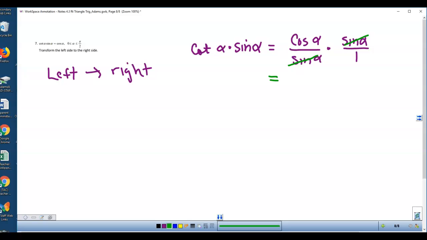So I know that anything divided by itself is 1. What I also know then is if this transforms to 1 and this transforms to 1, I'm left with cosine alpha on this side times 1 on this side. And that just means I have cosine of alpha left.